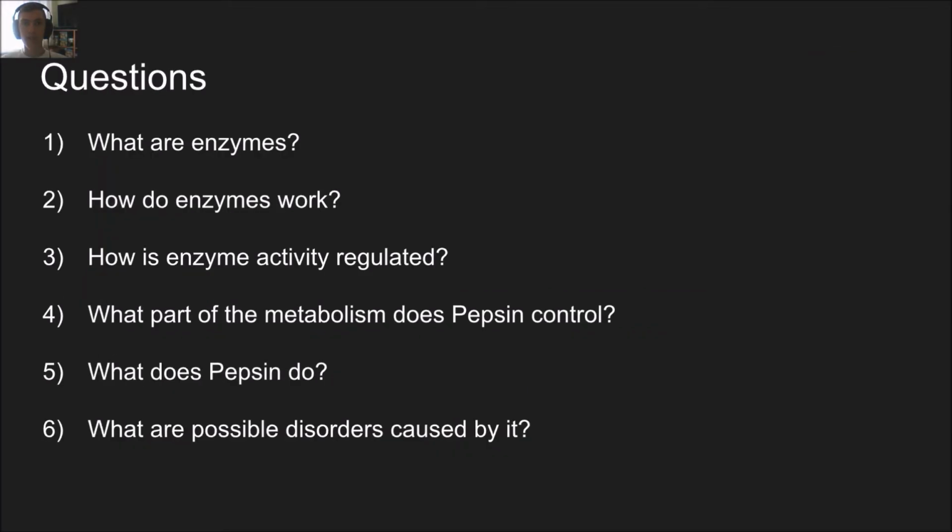And now the questions. Number 1. What are enzymes? Number 2. How do enzymes work? Number 3. How is enzyme activity regulated?